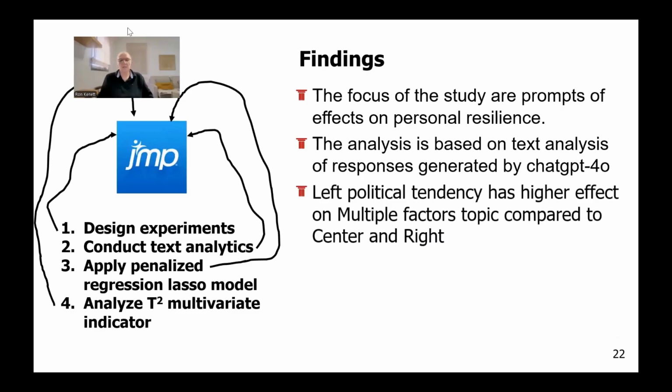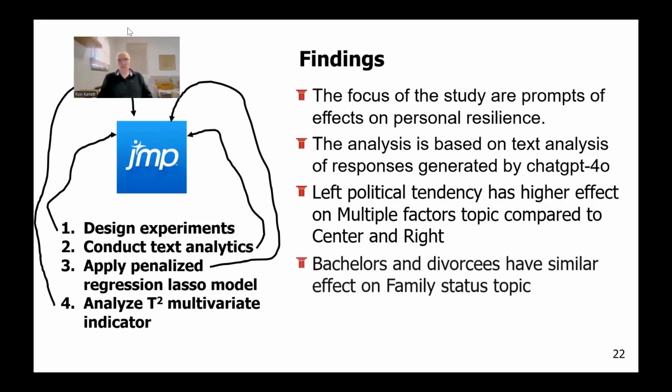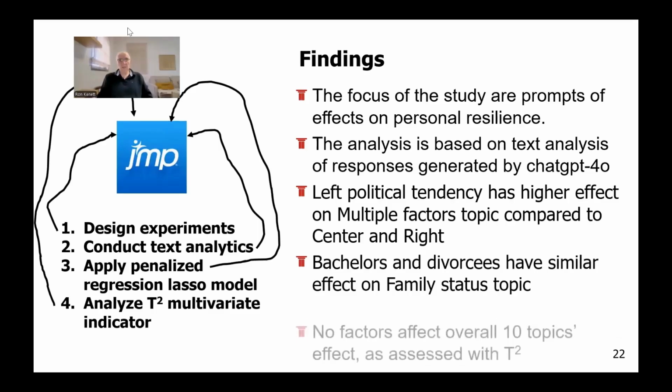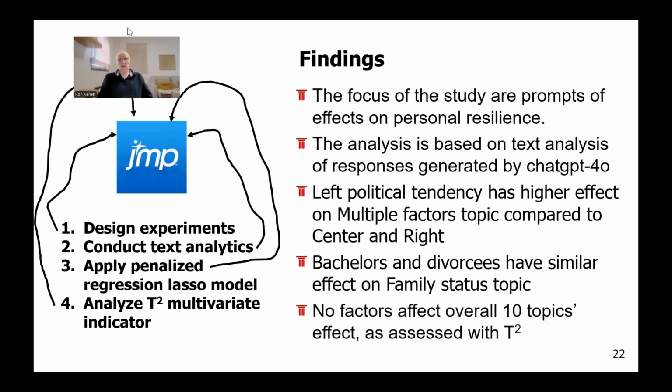We found that the left political tendency had higher effect on multiple factor topic compared to center and right. This was interesting, but not unexpected, I guess. We found that bachelors and divorcees have similar effect on family status topic. That was surprising. And we found that no factor affected all 10 topics as assessed with T-square.